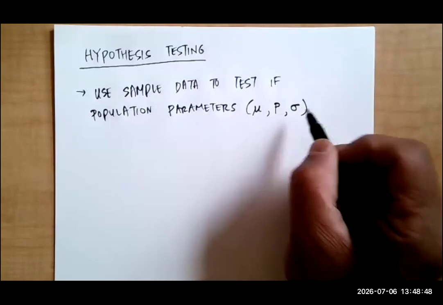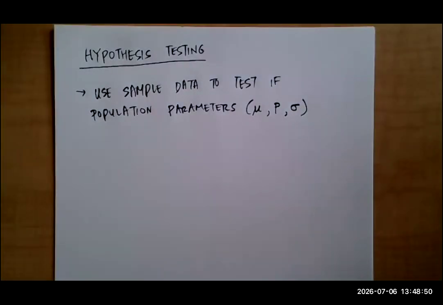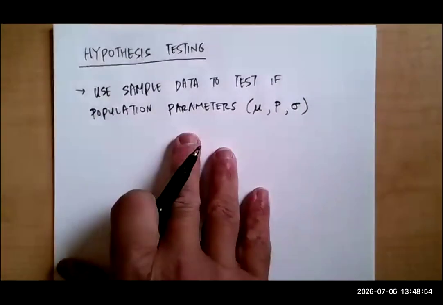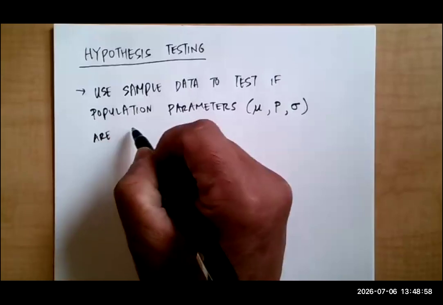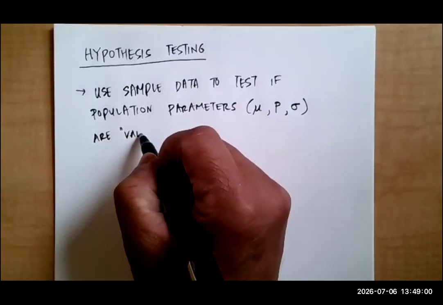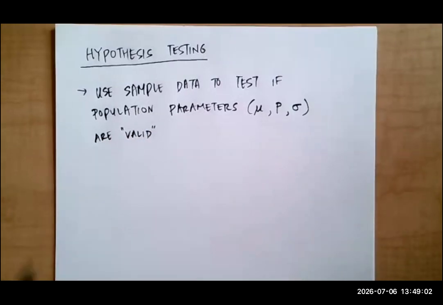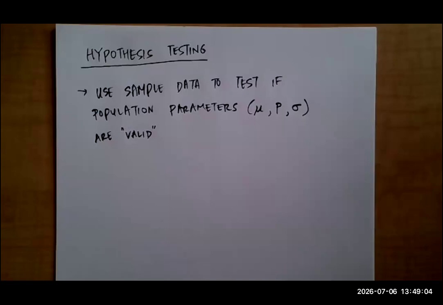Later we can get into the standard deviation sigma, or even variance sigma squared, so on. Testing to see if these population parameters are still valid, still true, or possibly there is some shift. There are going to be claims by researchers that maybe the value for our parameter has changed, and we're using sample data to test, okay?